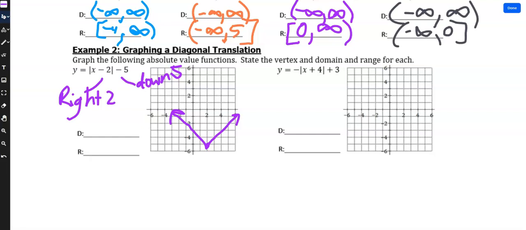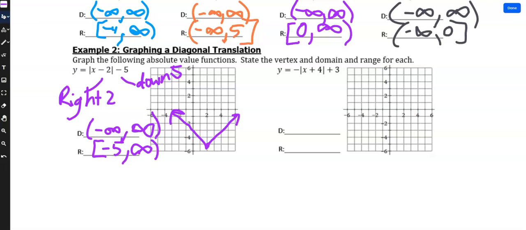Right 2 down 5 looks like that. Domain negative infinity to infinity. And range -5 to infinity.